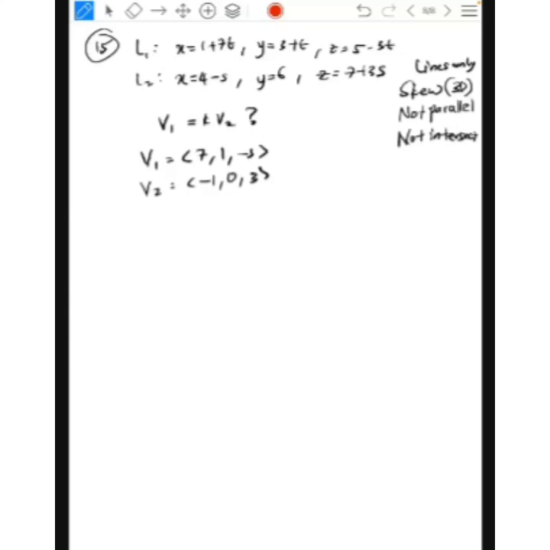So it will be 0, not 1, not 6. Okay, so let's say 7 over 1. Obviously it's not the same, you can see at a glance. Or you can prove it. Don't do 1 over 0, do it the other way around, because 1 divided by 0 is undefined. Okay, so they are not the same.